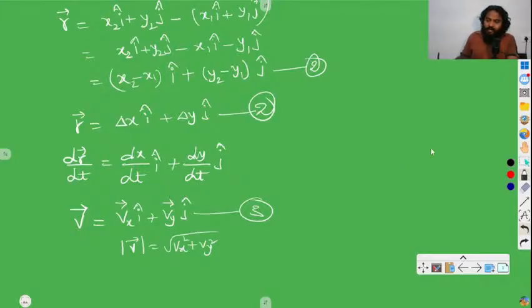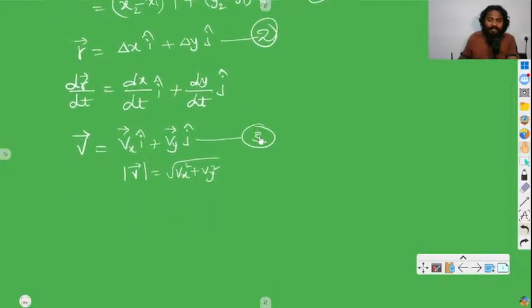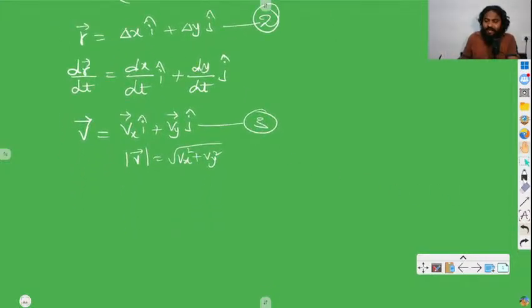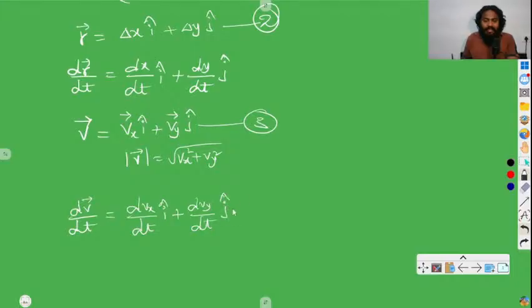Next, from the same, if you want to find acceleration, you have to differentiate both sides with respect to time once again. Then you will get dv by dt equal to dvx by dt I cap plus dvy by dt j cap. This is the acceleration vector.